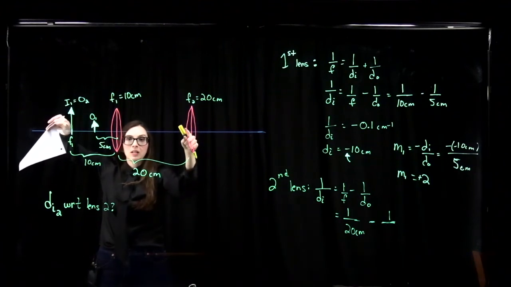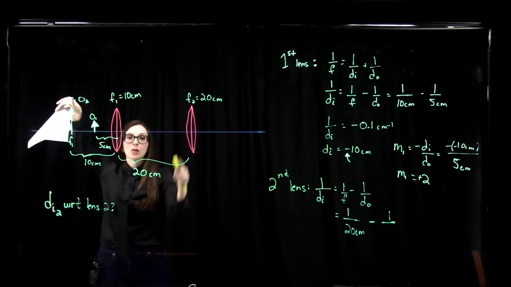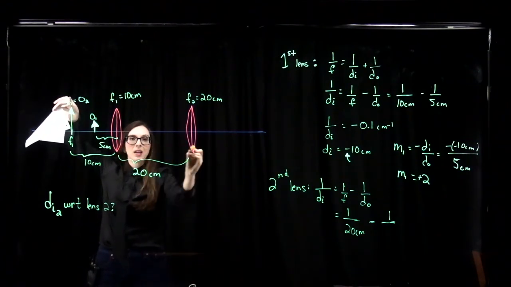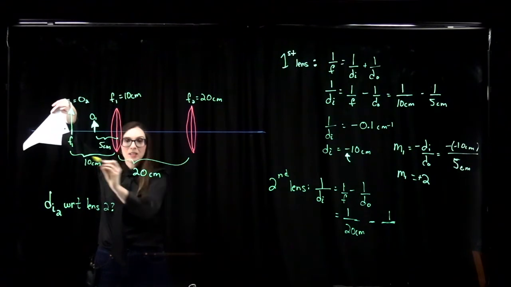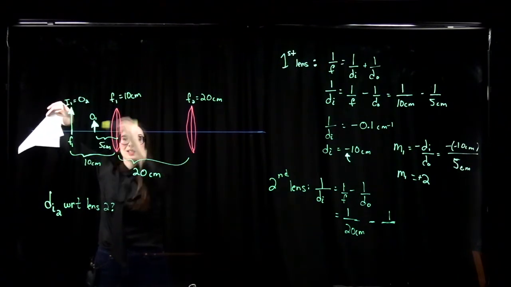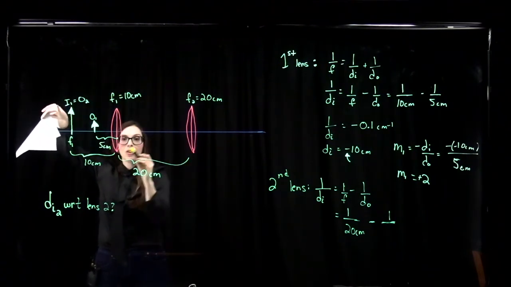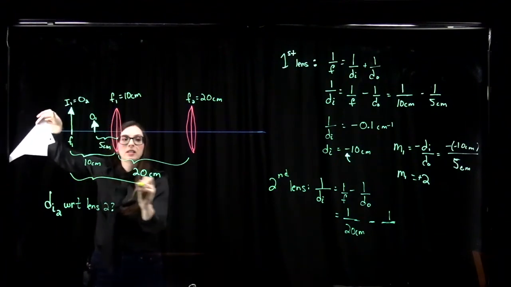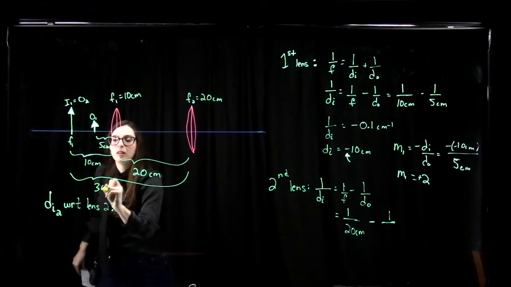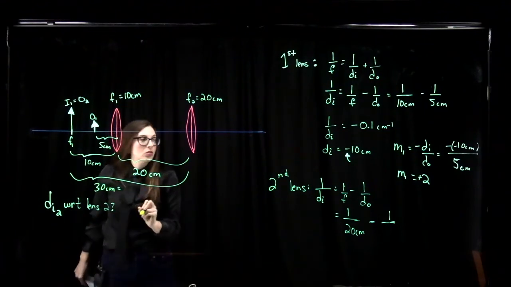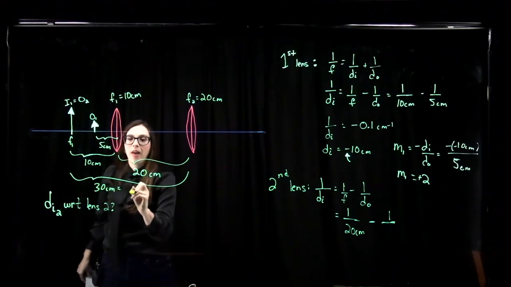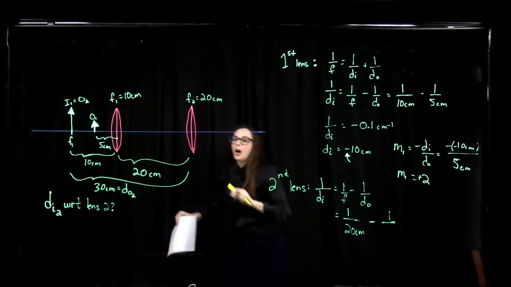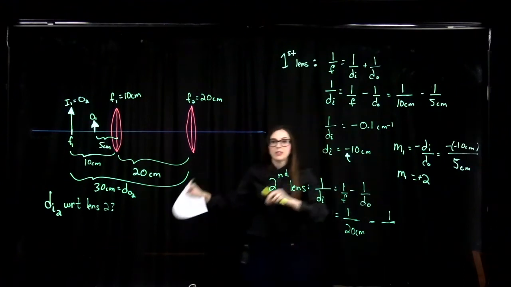So the distance that our object is away from the second lens is going to be 20 centimeters, that's the spacing between our lenses, plus 10 centimeters, which is the distance that this image was away from our first lens. So this entire distance here of 30 centimeters, I'm going to call that DO2.